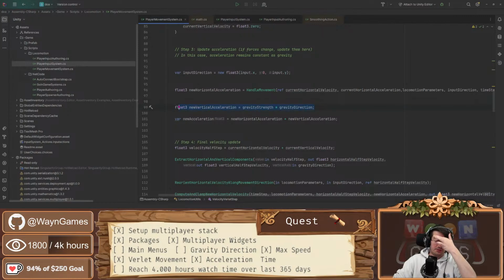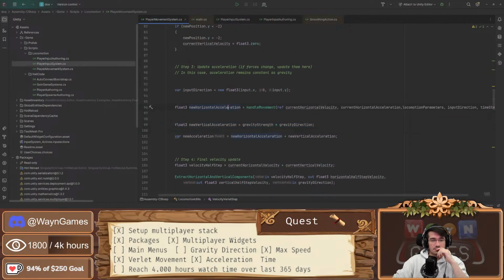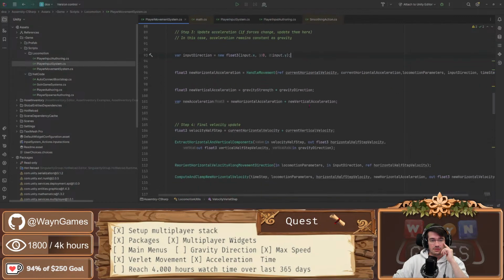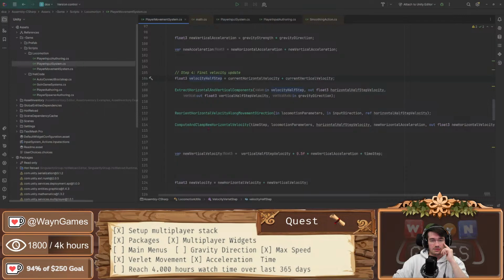So this one is the normal, let's say, gravity. That's the horizontal acceleration. That's no longer the velocity half step. That's gonna be my new velocity.